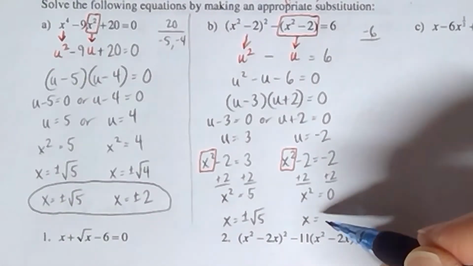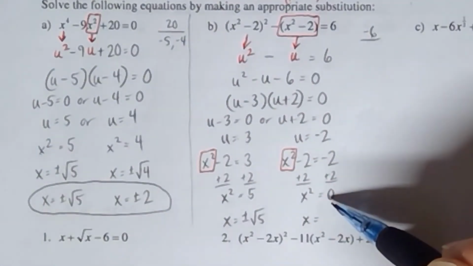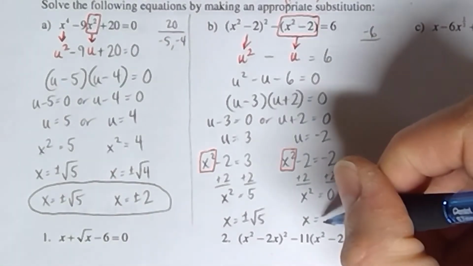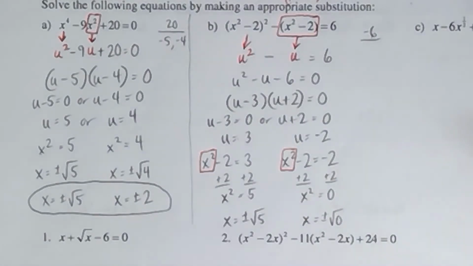Like I said, if you get the square root of a number that is a perfect square, and 0 really is a perfect square, even though we don't usually mention it, because we know what you need to square to get 0. It's 0. Okay, so I could say plus or minus square root of 0 right here, but that is what?